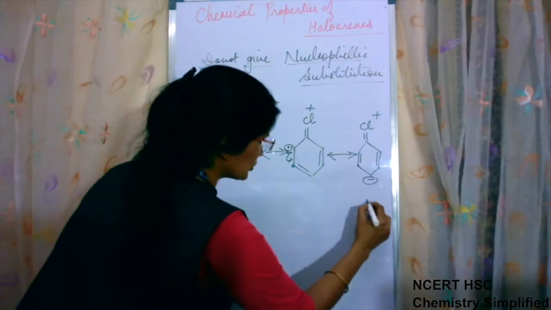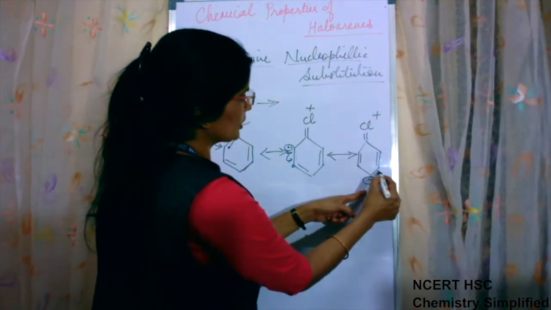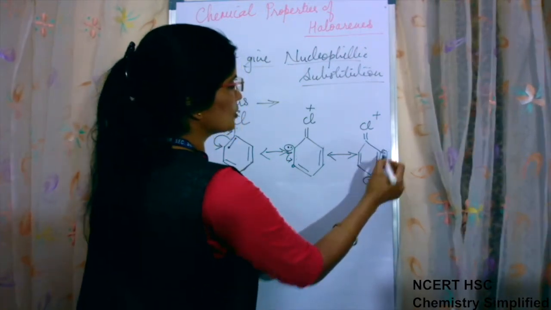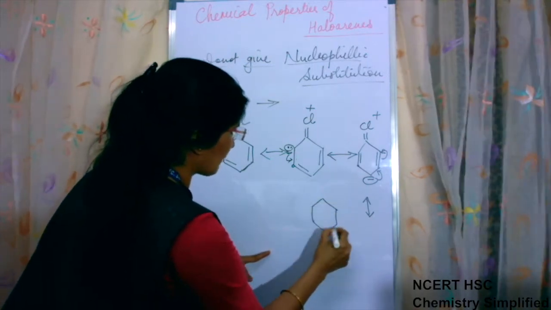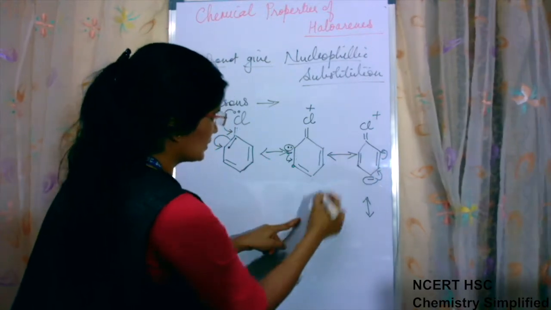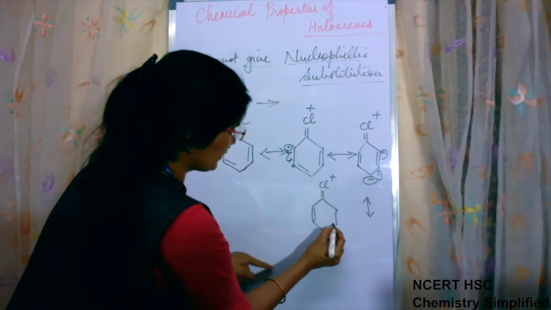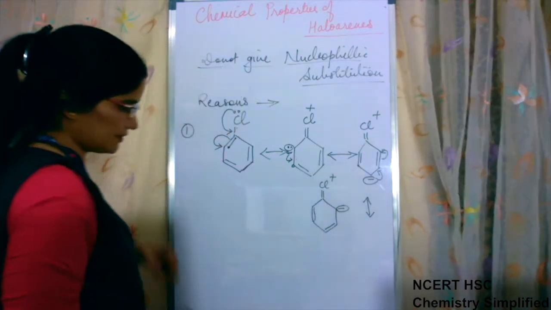Now next structure, this negative will shift onto the next bond to make a double bond. This double bond will shift to the ortho position to make a negative sign. So this is as it is, this is also as it is, this shifting here and this shifting to the ortho position to show a negative sign.